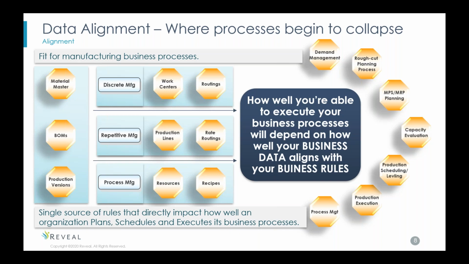Remember that how well you're able to execute will be dictated by how well your data aligns with your business rules. That's some of the things we're going to talk about as well, because we want to make sure that the critical elements of master data, yes, in this case of PP, are able to drive the business decisions that you make so that you begin to work by exception, at least your users work by exception and not by working too hard.